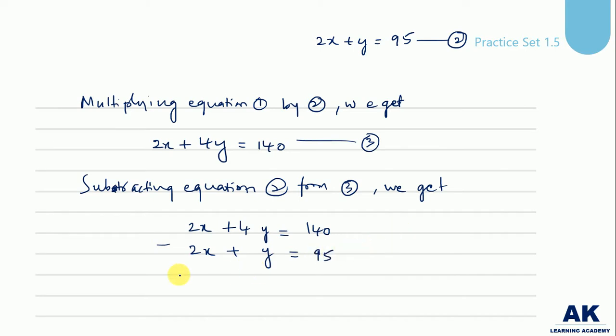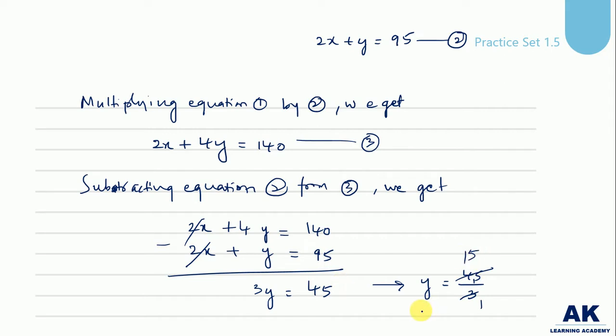So when I subtract these two equations, 2x and 2x get cancelled, 4y minus y is 3y, equal to 140 minus 95, which is 45, right? Therefore y is equal to 45 upon 3, which is 15. So 3 fives are 15. Therefore y is equal to 15.